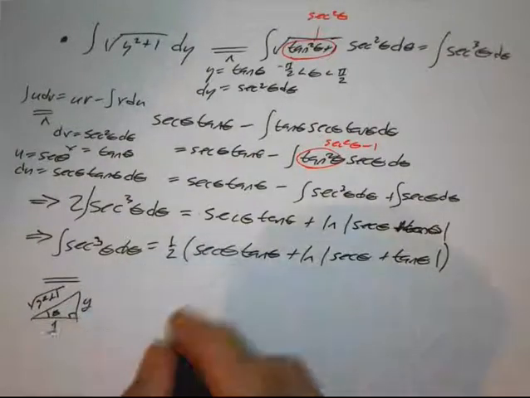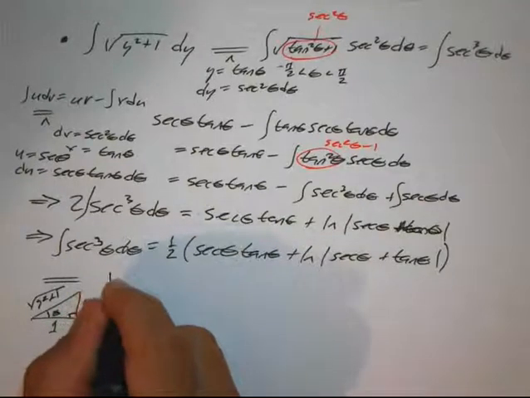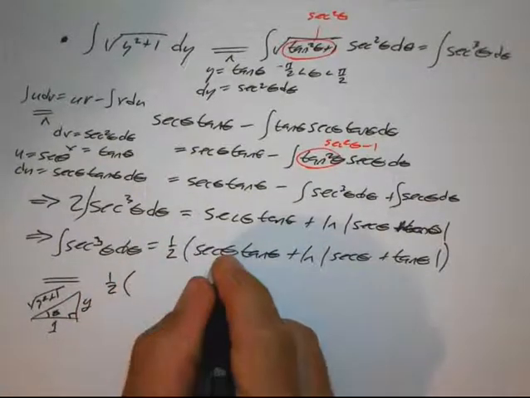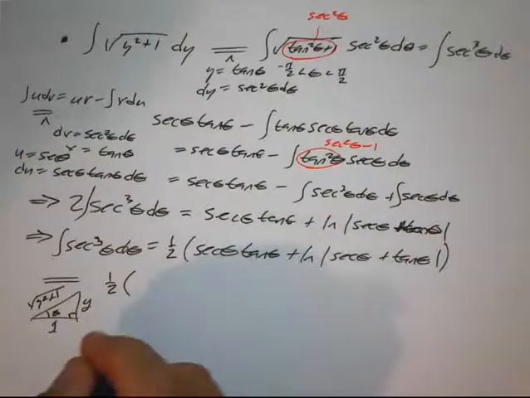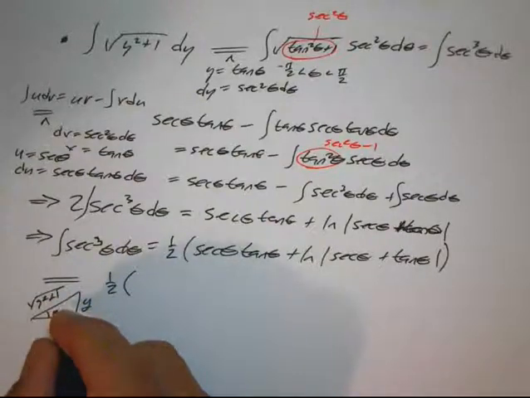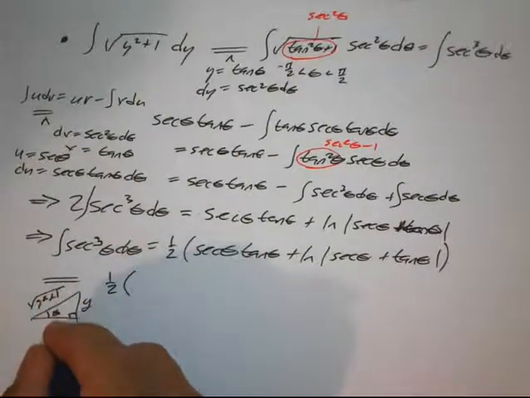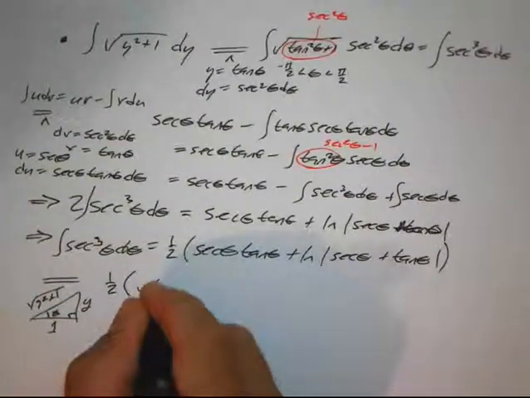Now we can use this as a device to back substitute everything we need. So this becomes 1/2 secant theta, 1 over cosine theta in other words. Cosine theta is adjacent over hypotenuse, so the reciprocal will be the hypotenuse over adjacent, or the square root of y squared plus 1.